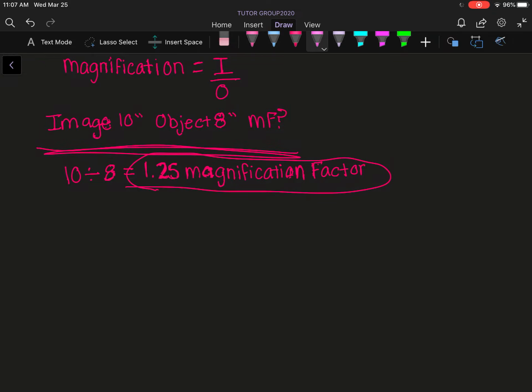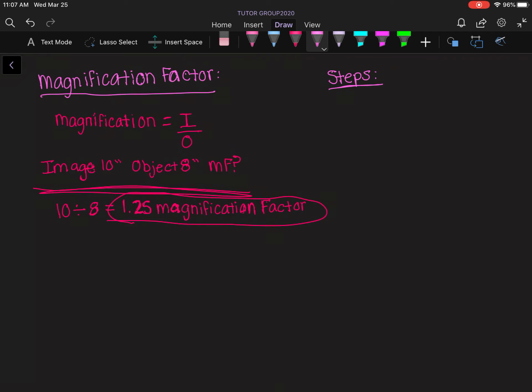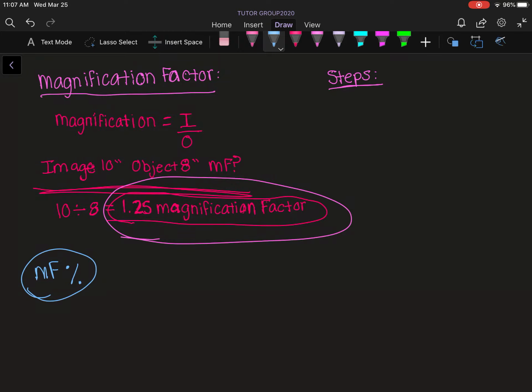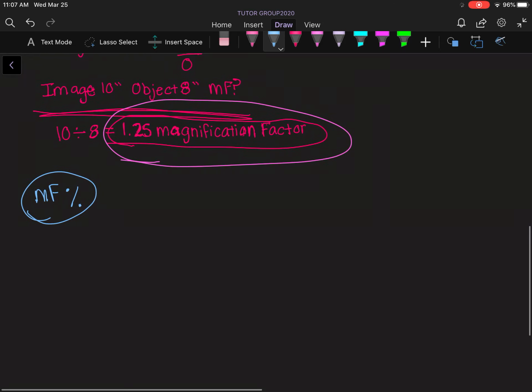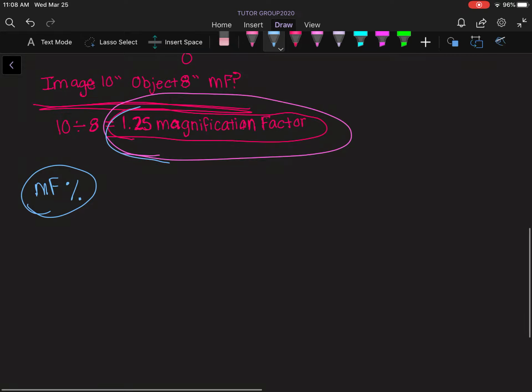Now, sometimes it's going to ask you, what is the magnification percent? If you have that problem, you would do it the same exact way. Going off of the problem we have right here, I'm going to do this in a different color so you can see. Now we're looking for the MF percentage. We know that our magnification factor is 1.25.